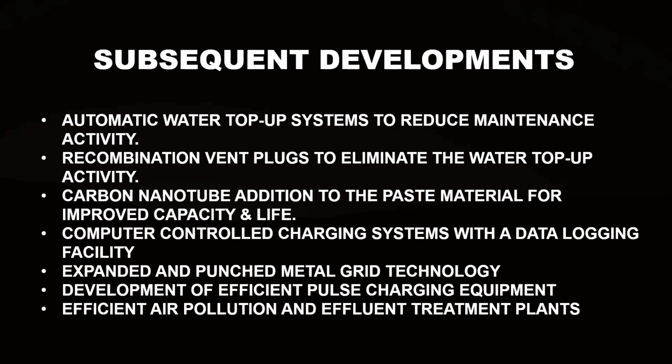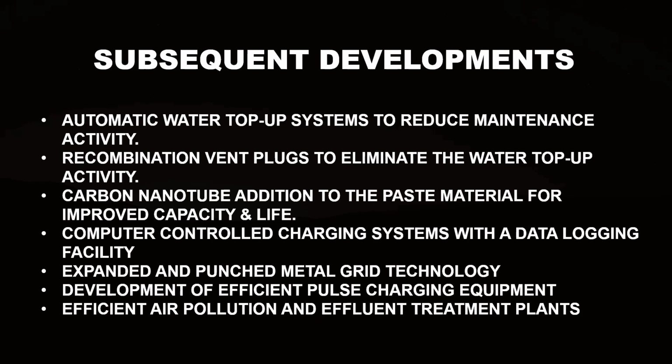To make the process of battery manufacture easier, considering the increasing volumes, computer-controlled charging systems with a data logging facility were another development that has taken place in the battery industry. Subsequently, expanded and punched metal grid technology was adopted by large battery manufacturers, which required high volumes of production.